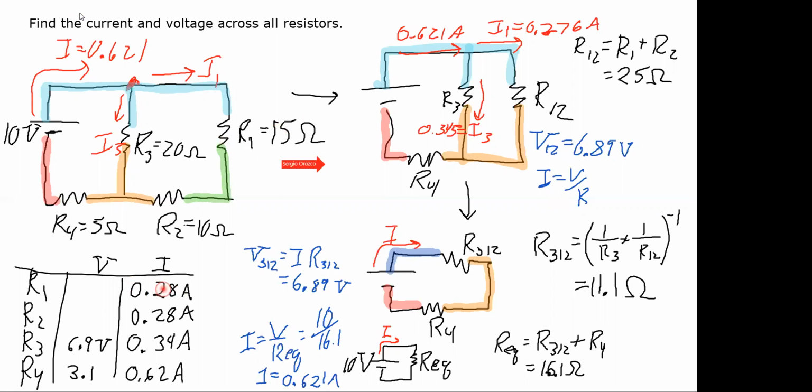Current times resistance, and I get 4.1 volts for my R1. For R2, it'll be a very similar calculation: the current 0.276 times my 10 ohms. And that's 2.6.